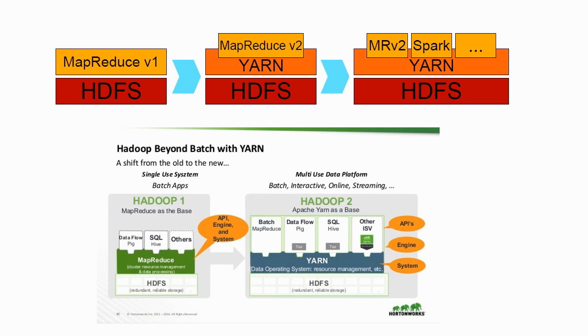YARN was developed and introduced in version 2.0, and this also enabled HDFS to support containers. And as you can see here, you've got MapReduce version 2 and Spark and a lot of other applications running on YARN, supported by YARN.